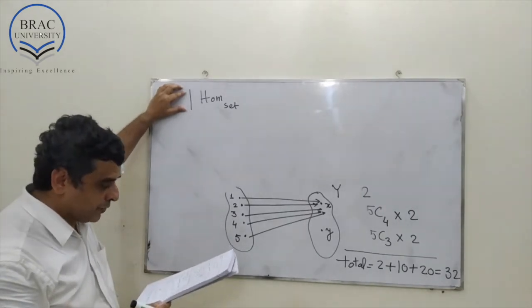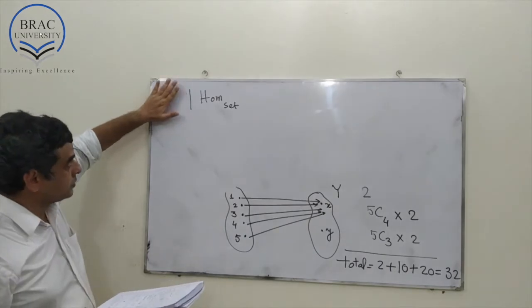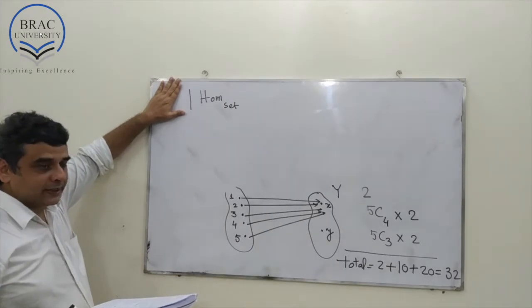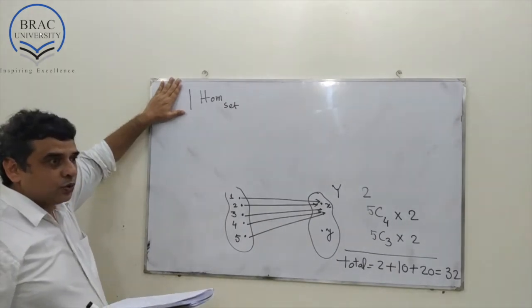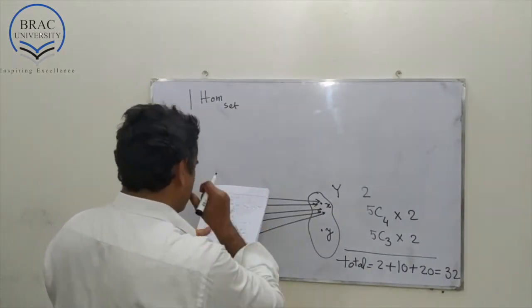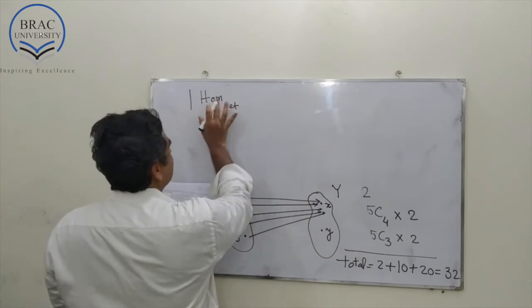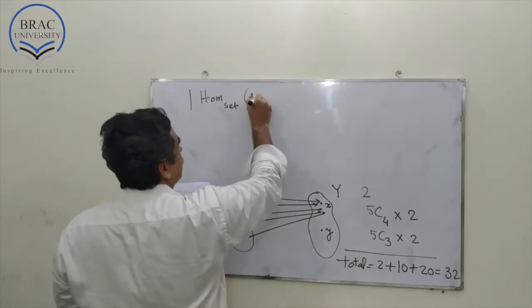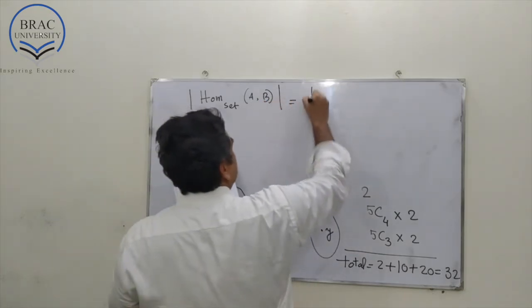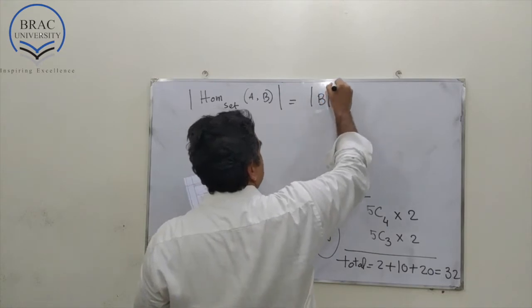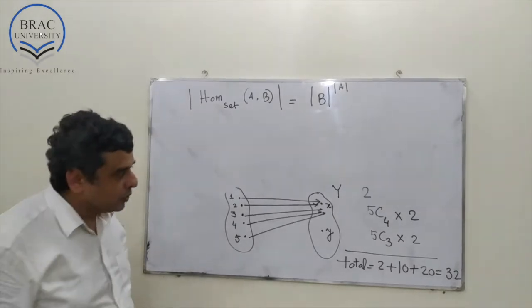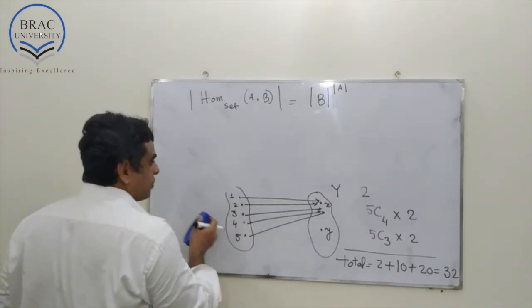But for now, just think of this vertical bar placed around the set to denote the number of elements in that set. So the number of elements in Hom(A, B) is precisely the number of elements in B raised to the number of elements in A. This is the cleverer way to handle the same problem.